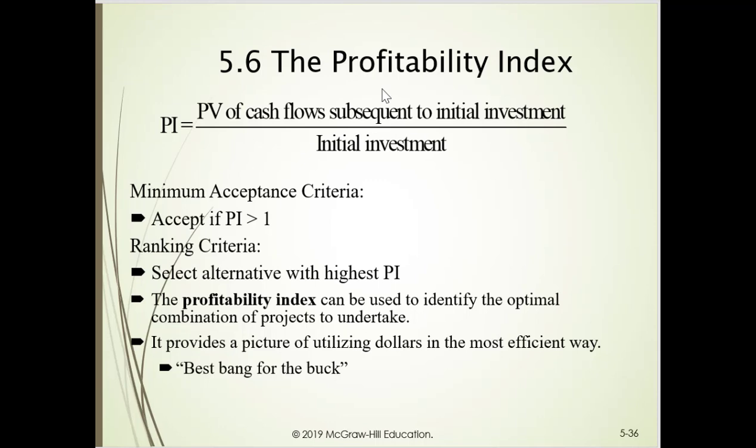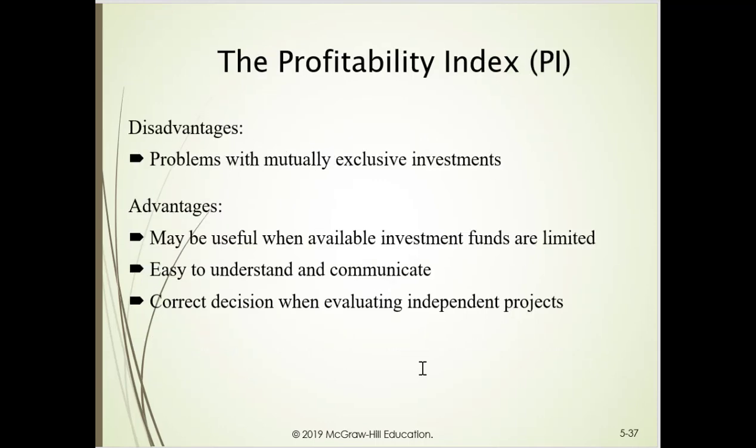Now again, just like internal rate of return, the profitability index may rank projects slightly differently. So we do have to keep aware that there could be some differences in how things are ranked. That's the disadvantage. But on the other hand, it might be useful if money is limited, to make sure we use it the best way we can.